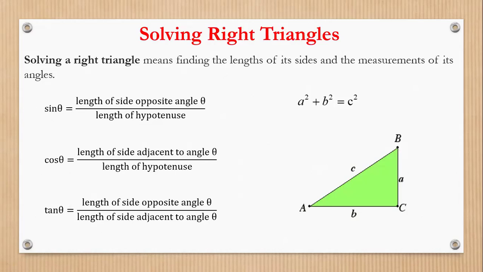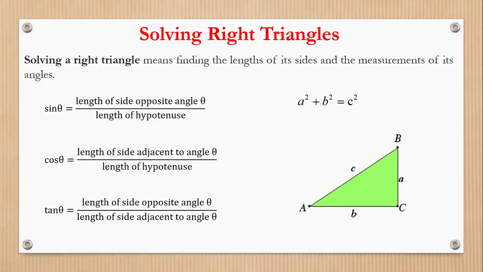And to find the angles, we use sine, cosine, and tangent: sine was opposite over hypotenuse, cosine was adjacent over hypotenuse, and tangent was opposite over adjacent. But remember, these properties are just for the right triangle. If the triangle has a 90-degree angle, we can use them. Otherwise, we cannot use any of these properties.